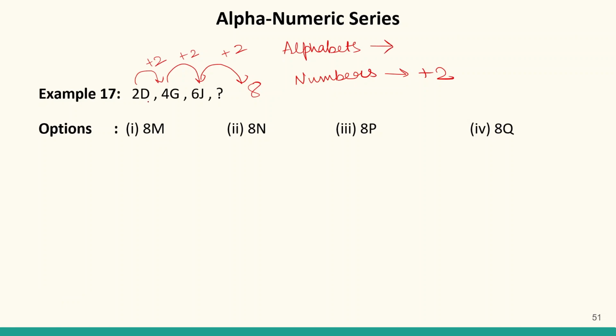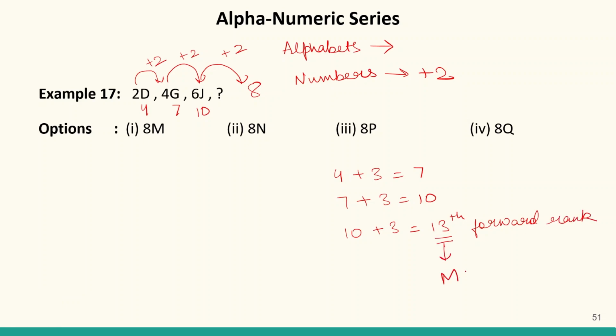If we look at alphabets, D is at the 4th position. G is at the 7th position. J is at the 10th position. Okay, so I can see there's an increment of 3. 4 plus 3 ranks will give us the 7th rank. 7 plus 3 ranks will give us the 10th rank. Plus 3 ranks will give us the 13th rank.